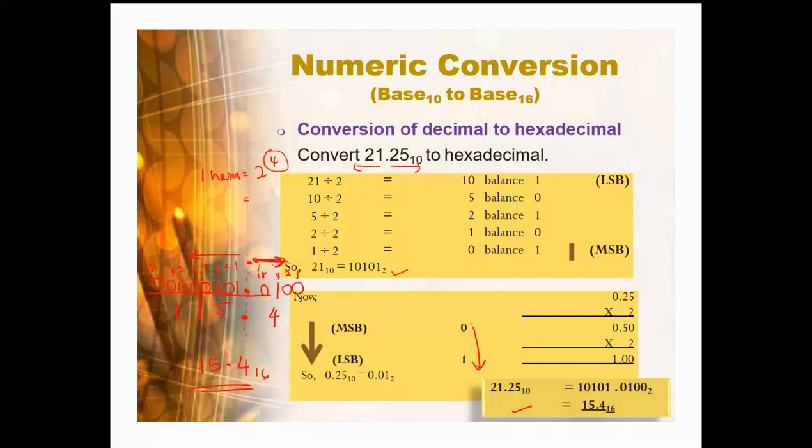So the way you cut here, before floating, mesti right to the left. 4, 4. Kalau tak cukup, yang sebelah ni tak cukup, you tambah kosong sebelah kiri. Mesti cukup 4.